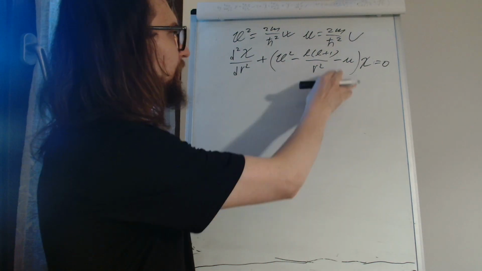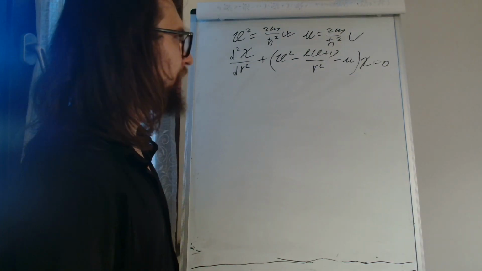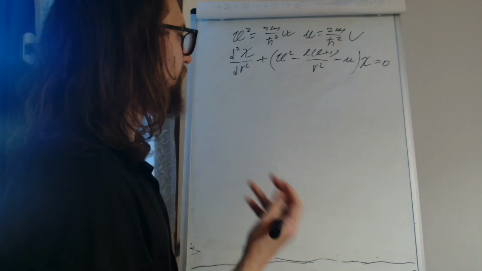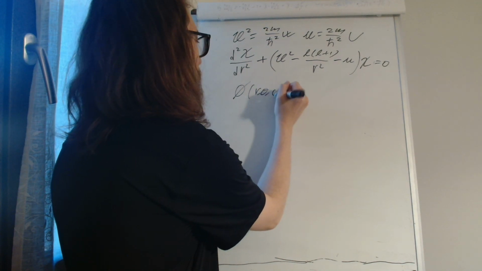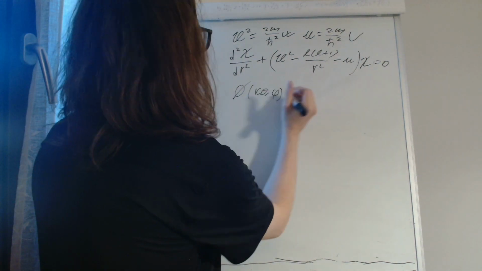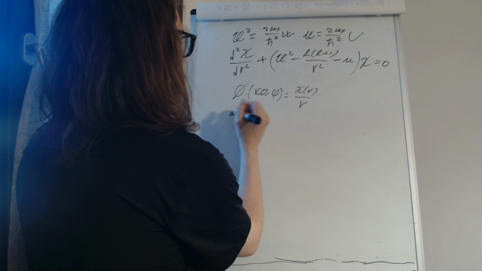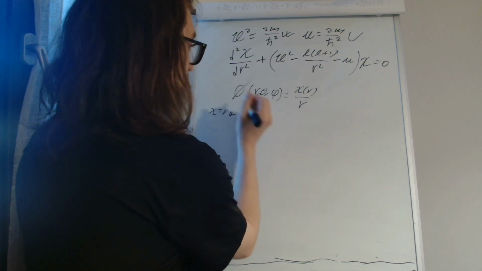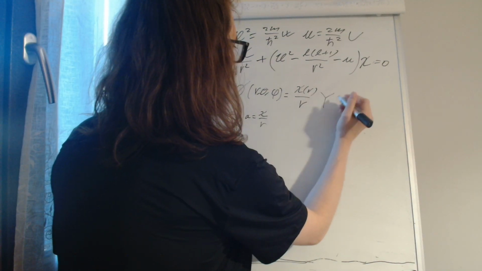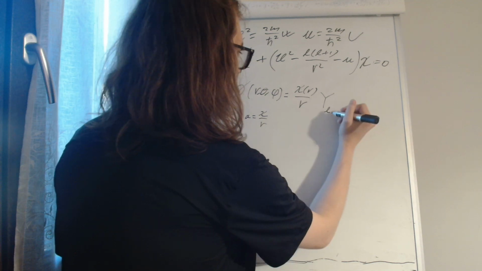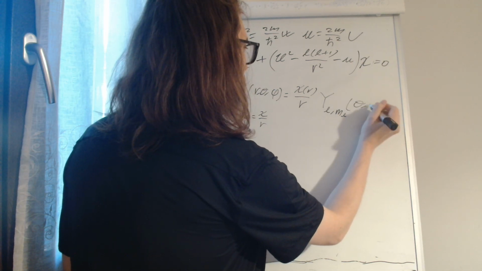So with this equation for a central potential U of r, we determine our solution chi of r, and the total solution for this part of the wave function will be psi of r, theta, phi equals chi of r divided by r, remembering that chi is r times a, so a is chi divided by r, times the angular part, the spherical harmonic Y_L,m_L of theta and phi.